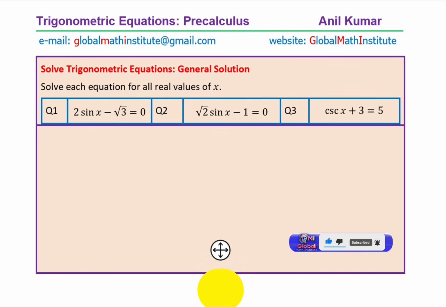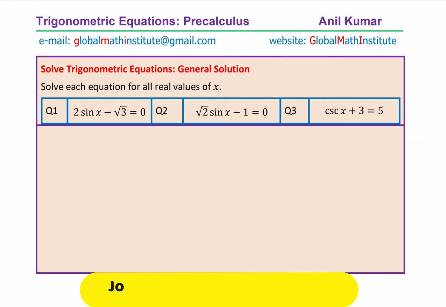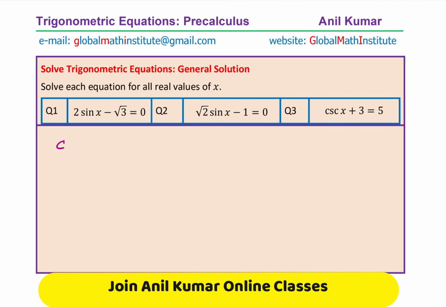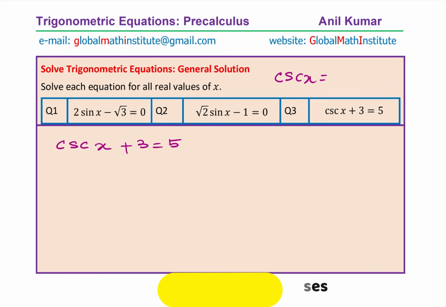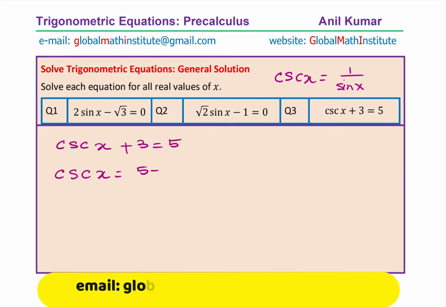The last example here, we have two concepts to remember. One is the equation is given to us in cosecant x, which is reciprocal of sine, right? So we know cosecant x equals to 1 over sine x, right? Okay. So let's isolate cosecant x, which will be 5 minus 3, which is 2.